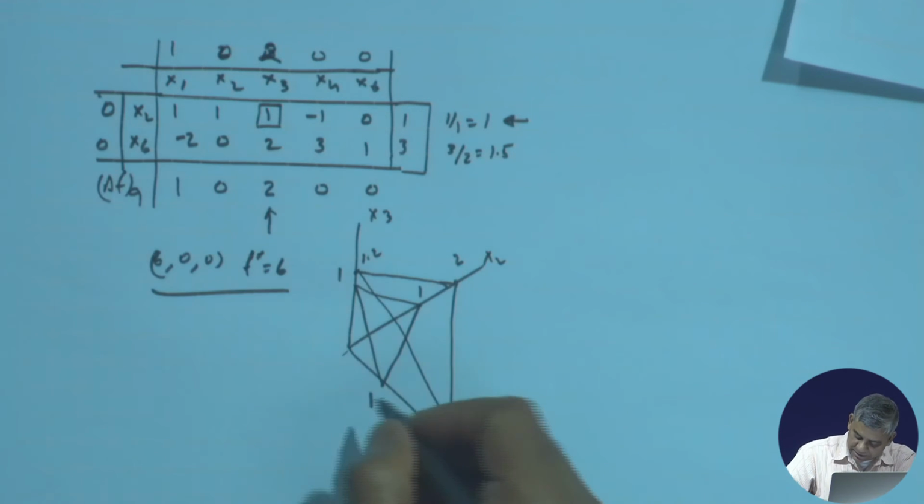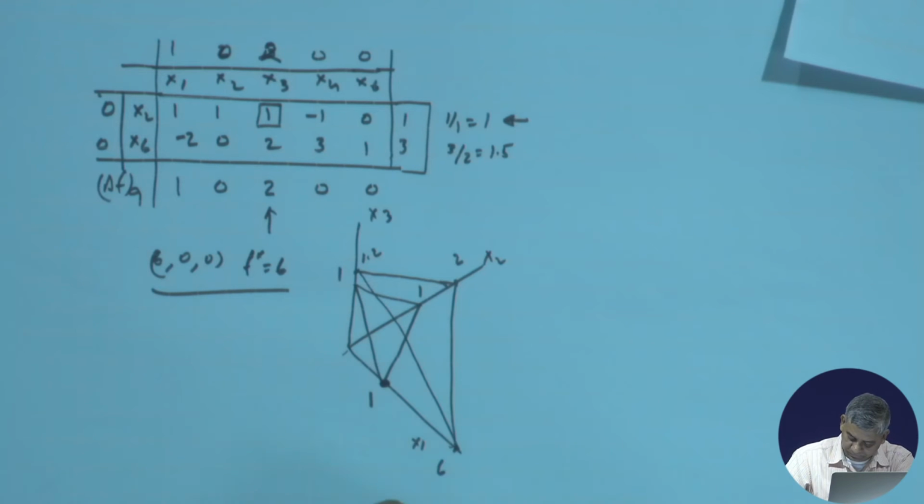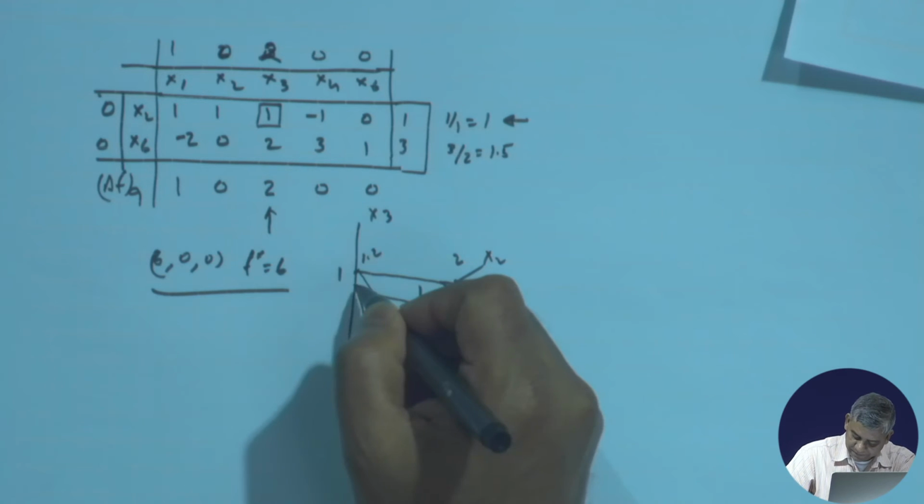So this table tells me we are at 1. So in the next table, what is the basic again? x3. x3 becomes how much? x3 becomes 1.